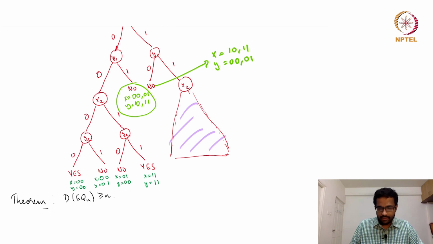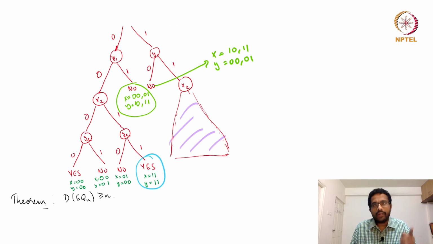As we observed in the previous lecture, some leaves correspond to multiple input pairs, right? This particular no leaf that is encircled with green color has 4 input pairs that reach here, whereas some other leaves, like this yes leaf, have only 1 input pair that reaches here.